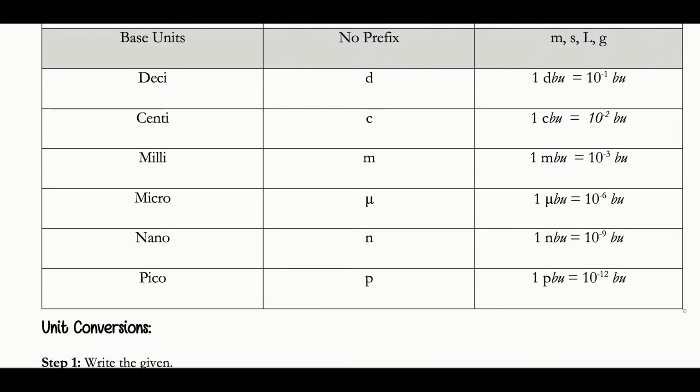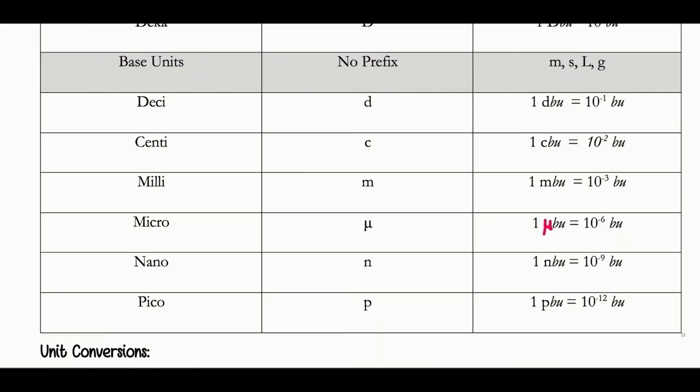And this symbol is a micro, a long stem for the, and then it's just a U. So 1 micrometer equals 10 to the negative 6 meters, or 1 microliter is 10 to the negative 6 liters. 1 nanometer equals 10 to the negative 9th meters. 1 picoliter equals 10 to the negative 12th liters.